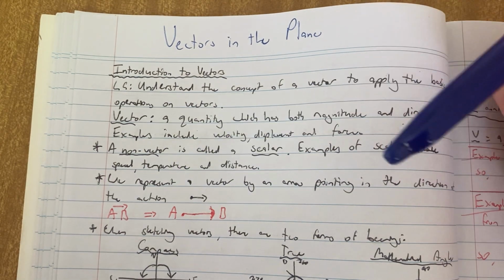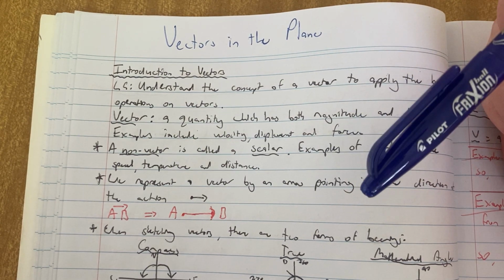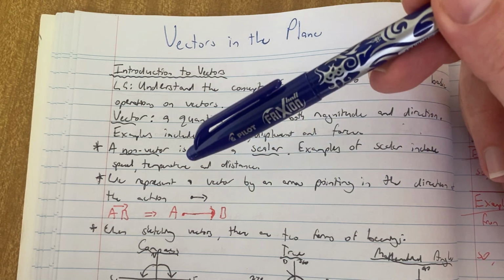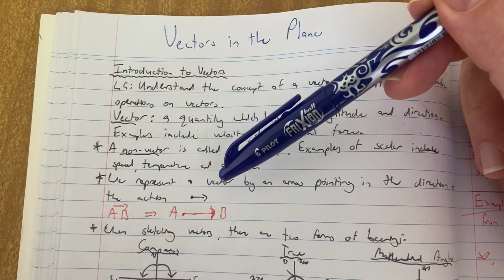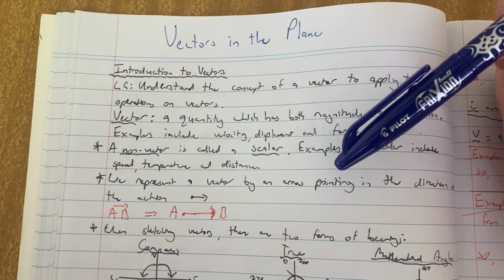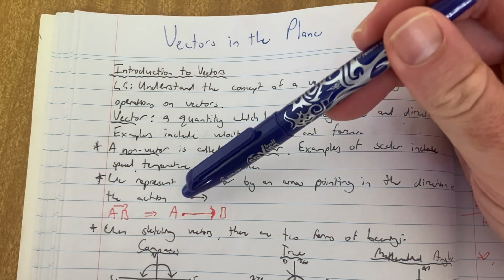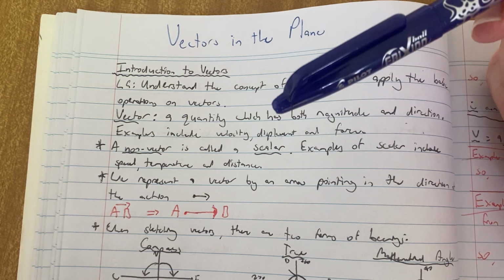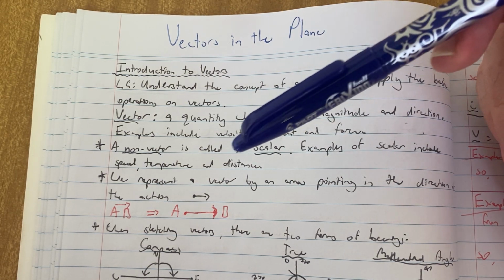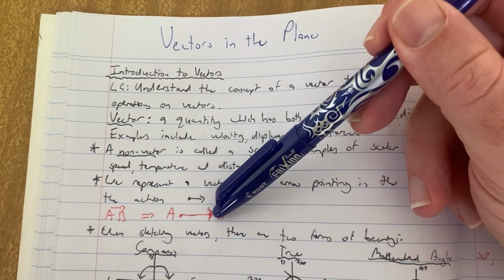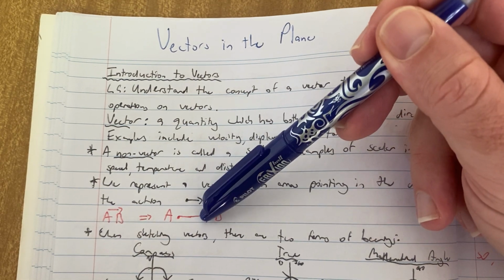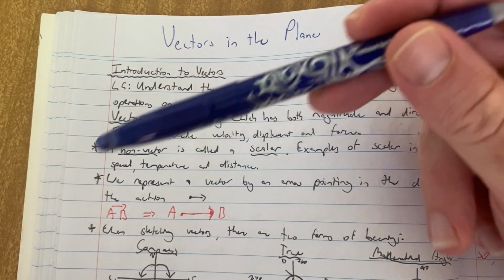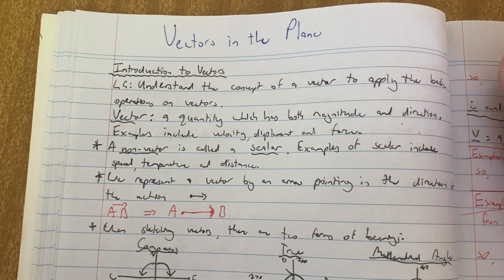Now you're going to see with one of the key representations, especially when you look at our textbook questions, how you represent a vector is usually by an arrow pointing in the direction of the action. So effectively, if you wanted to show a vector between point A and point B, you put the arrow through, and its simplified version is just AB.